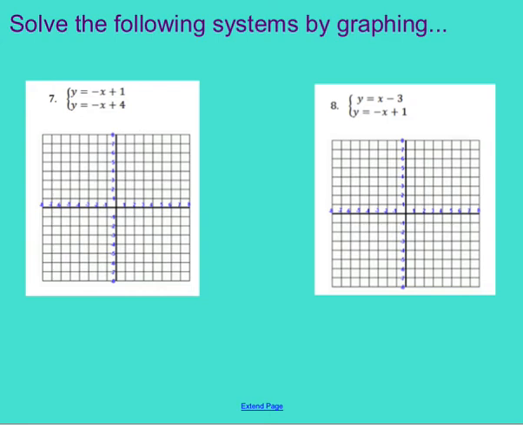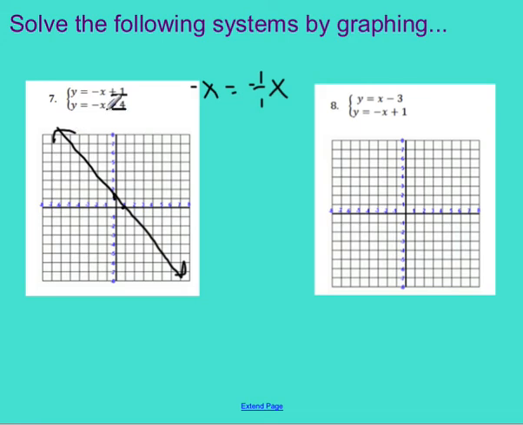Let's take a look at those last two. So again, what do I notice about this one? Negative and -1. -1, -1. So to me, before I even start graphing something, this is probably going to have no solution. But I still need to graph it to check. So I'm crossing the y-axis at 1. And then I'm going down 1 over 1, because remember, -x is the same as -1 over 1x. So I'm going down 1 over 1, graphing that line.